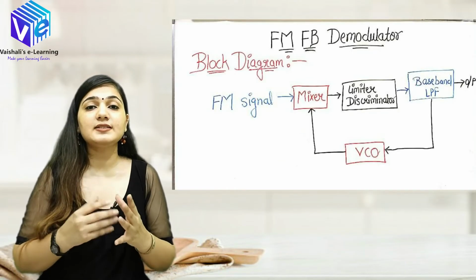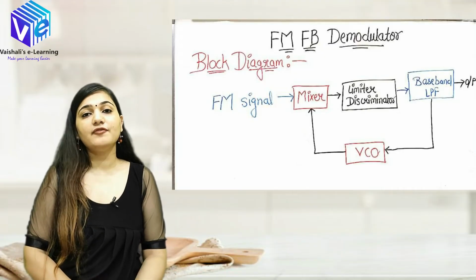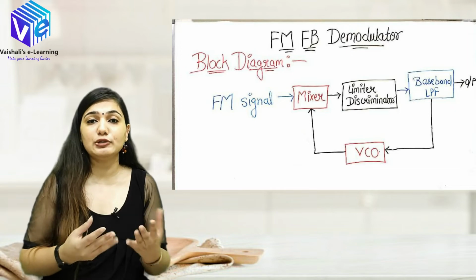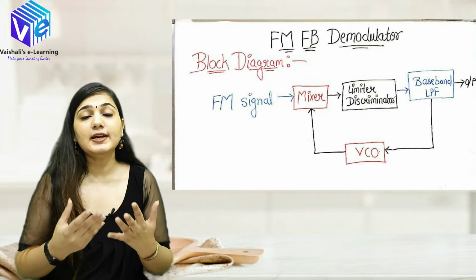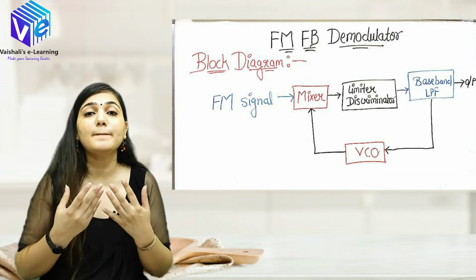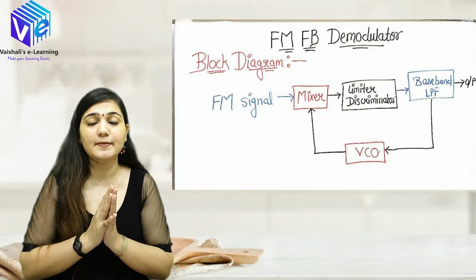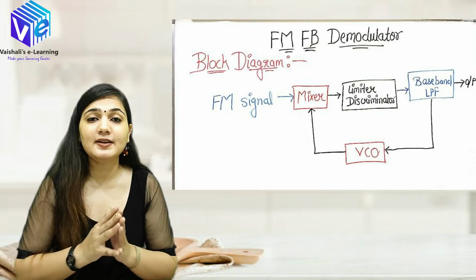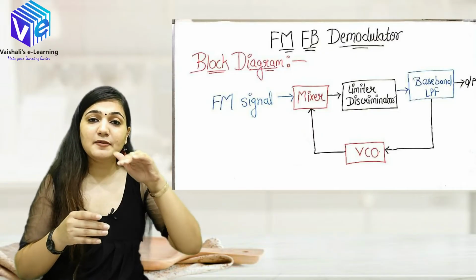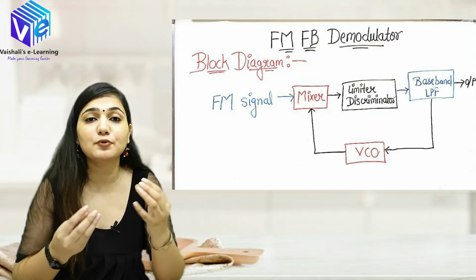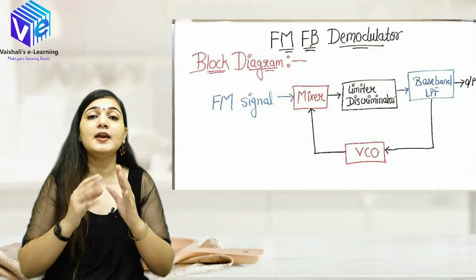Now if we see the block diagram of FMFB, at the input I have the modulated signal. The modulated signal is passed to the mixer, and the mixer is the most important block in this diagram. In the mixer we have one input which is the modulated signal, and another input, which let's suppose does not vary much.